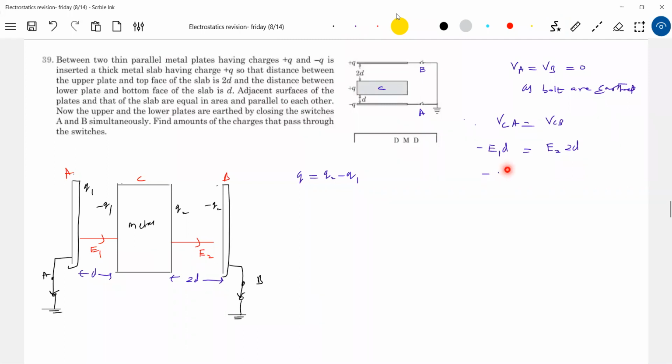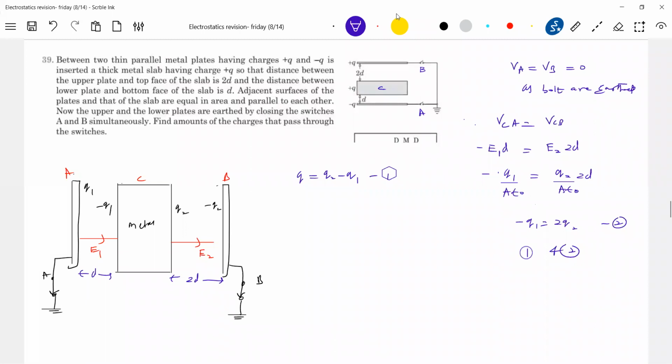E1 should be Q1 by A epsilon naught, and E2 should be Q2 by A epsilon naught. Therefore minus Q1 equals 2Q2. So that is equation 1.